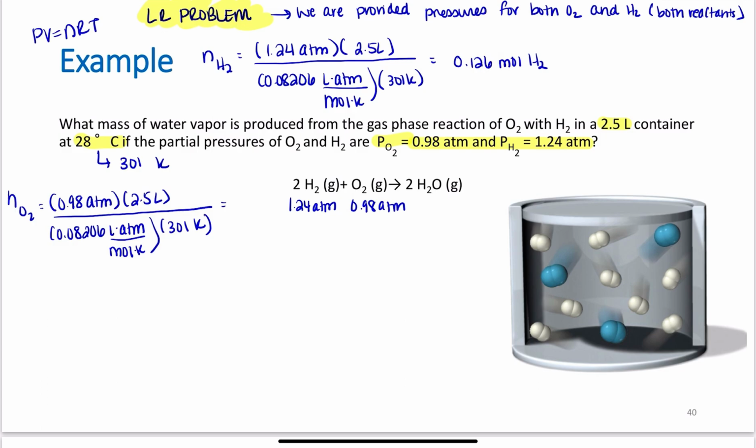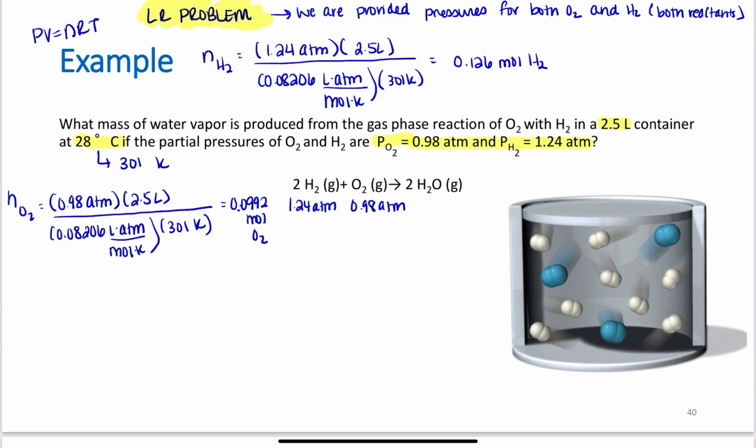This would give me 0.0992 moles of O2. Again, I can't just say oxygen is smaller, so it's a limiting reactant. I have to compare the two because it's not a one-to-one reaction. And either way, you have to compare it if you want credit on a test.